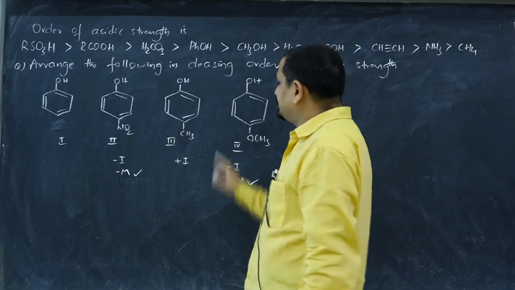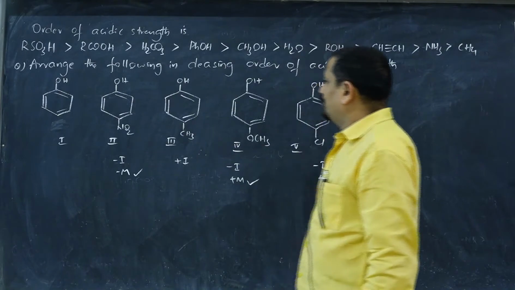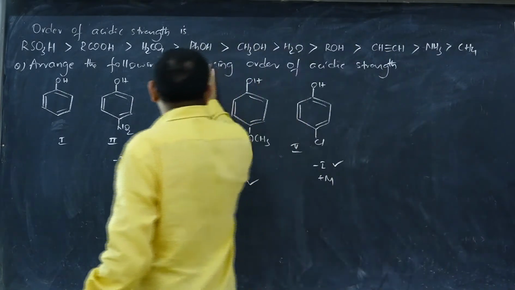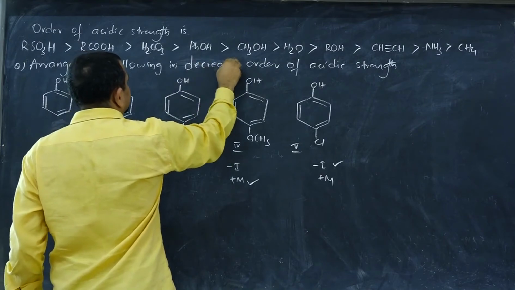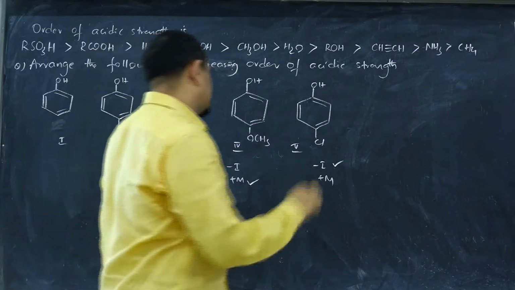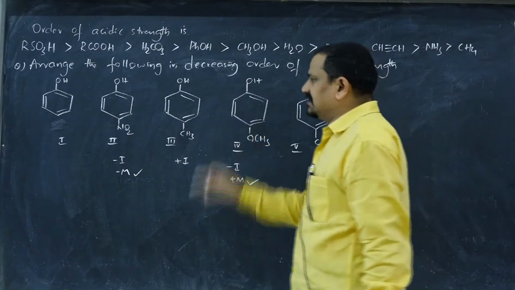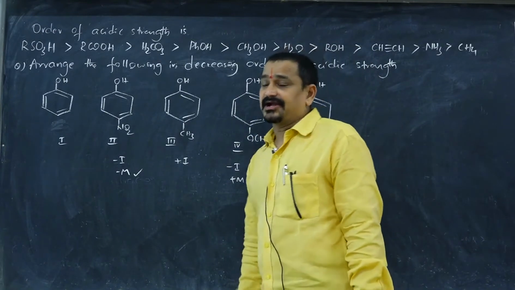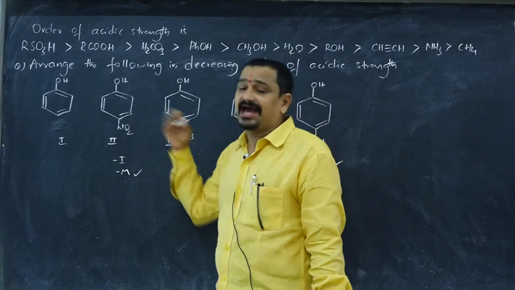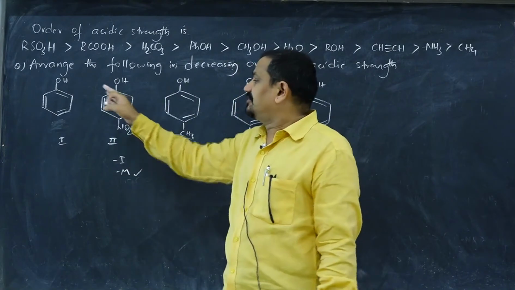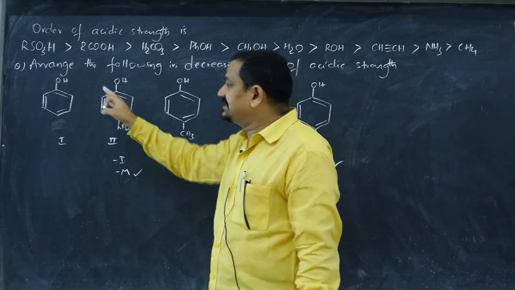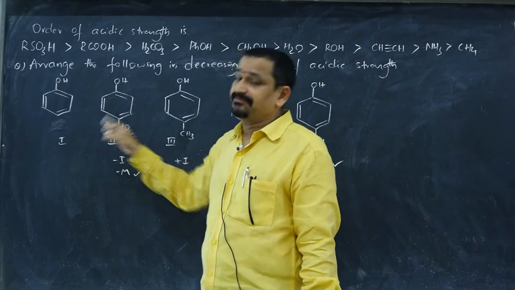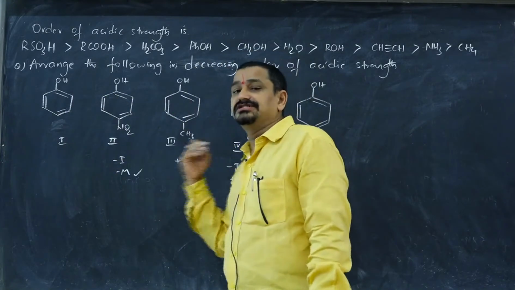And when it comes to the next question, arrange the following in decreasing order of acidic strength. Usually, when these phenols are considered, we can predict their acidic strength with respect to the stability of their conjugate phenoxide.